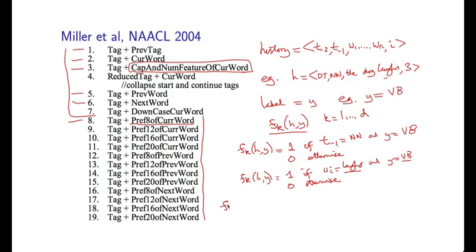So this might, for example, say fk(h, y) is 1 if the label y is equal to VB and the first 8 bits of wi, that's the word being tagged, is equal to 1011, some 8-bit string.